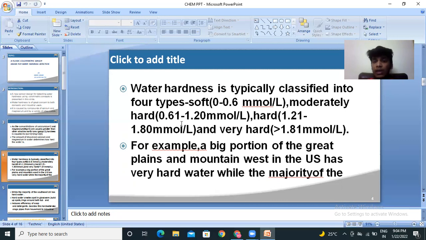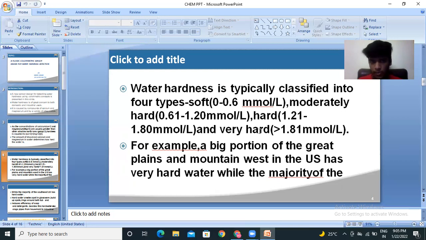When it comes to a concentration like 1.21 to 1.80 mole per liter, we can say that it is hard. And if the concentration exceeds 1.80, for example 1.81 mole per liter, then we can say that it is very hard.